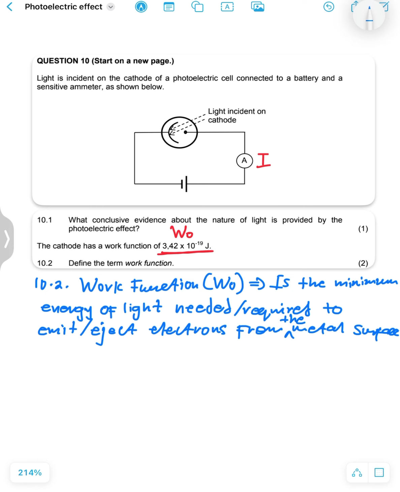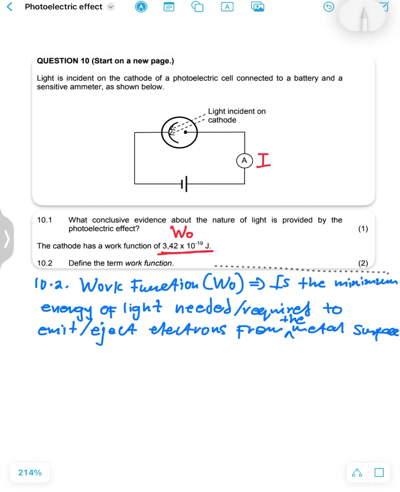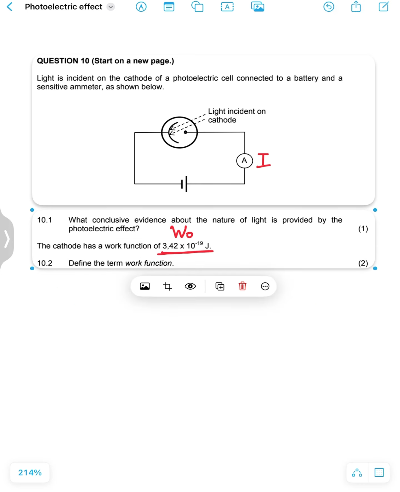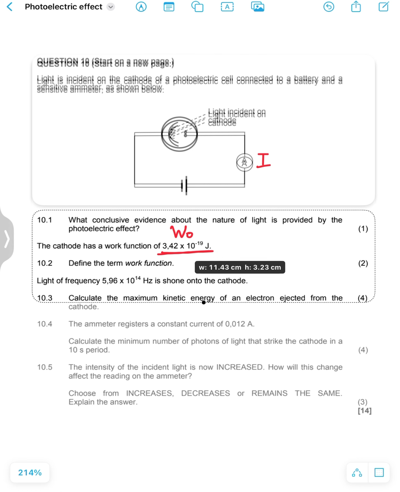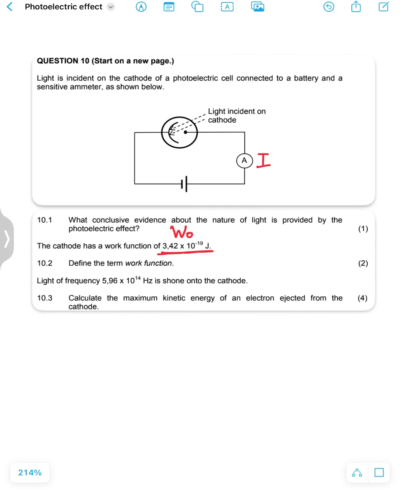All right, so then let's look at 10.3. The question for 10.3 says: light of frequency 5.96 times 10 to the power of 14 hertz is shone on the cathode.